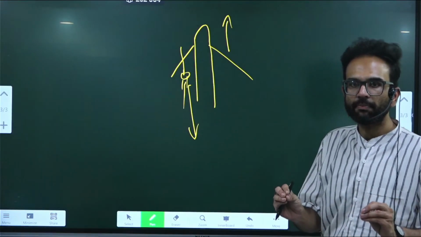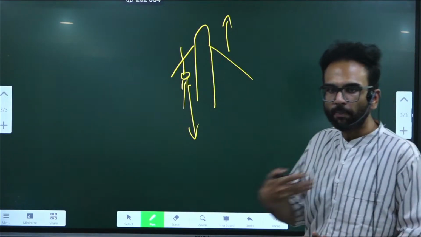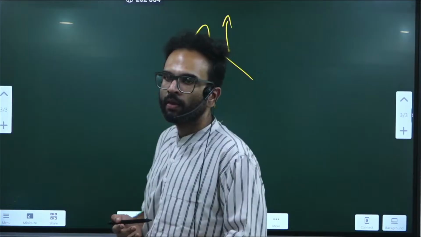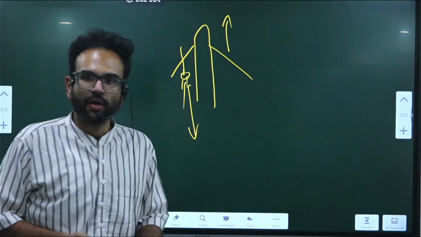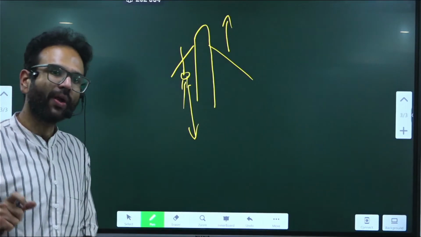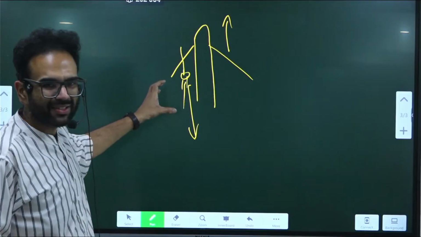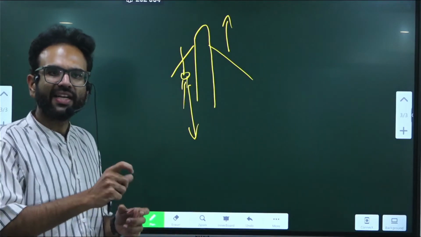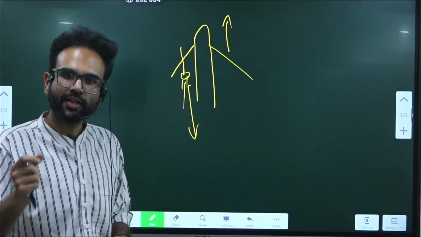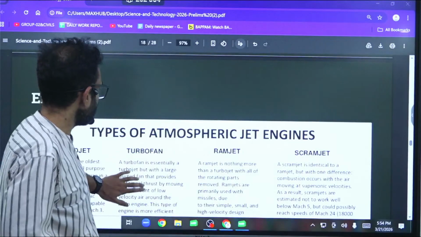This basic principle is what propels a missile system. Now, the complication in the design depends on how quickly you want to move. If you want to move faster, it will increase the level of sophistication in the technology. So take a look at this.